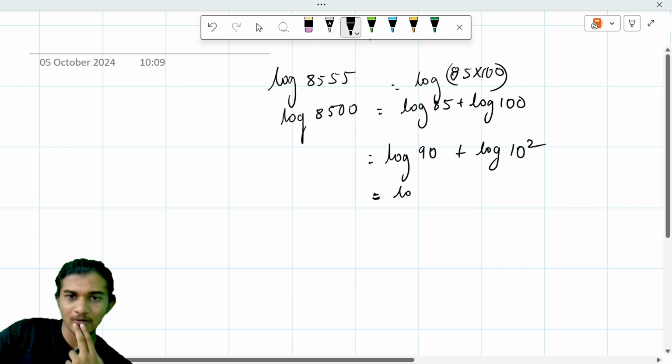So log 90 is nothing but log of 9 plus log of 10.